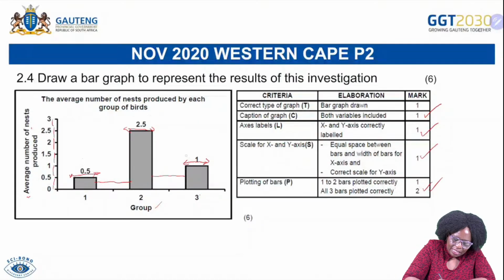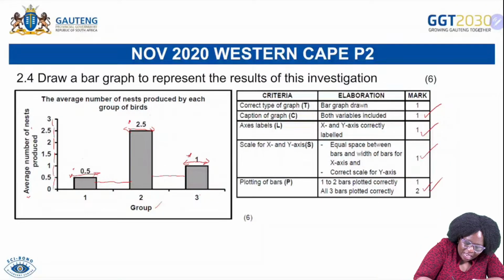You can see the plotting here is correct, the plotting there is correct, the plotting there is correct. When we mark, we check, we come and say, okay, 1, it was 0.5, let's see, 0.5, okay, so the bar is standing at 0.5. Be careful, don't use freehand. Then we come to 2.5 and we check 2.5, we use a ruler.